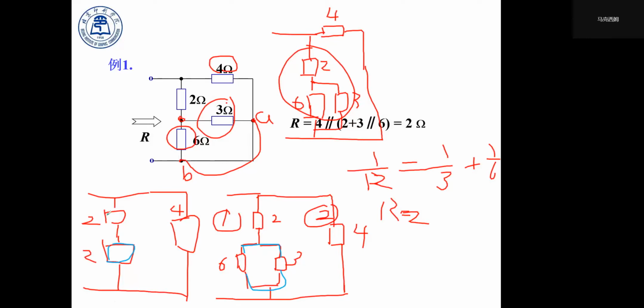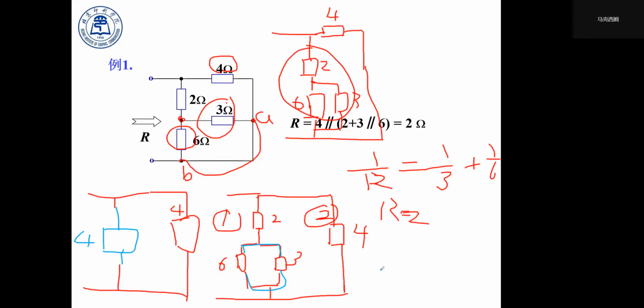Then those two 2 ohm resistors can be transformed into one 4 ohm resistor. So we can replace those two with a 4 ohm resistor.